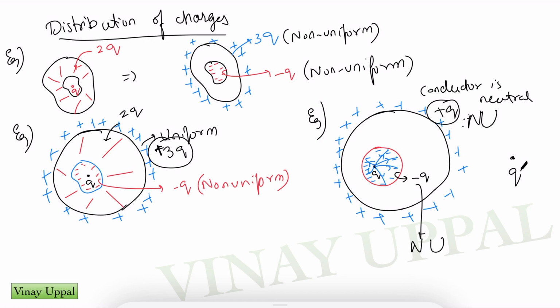So they do not affect the outer surface or they do not affect q dash. And that is why in the absence of q dash, the outer surface charge will be uniformly distributed because there is no effect of the location or the charge of q and minus q on the outer surface. The only thing that can affect the outer surface is any external charge placed.